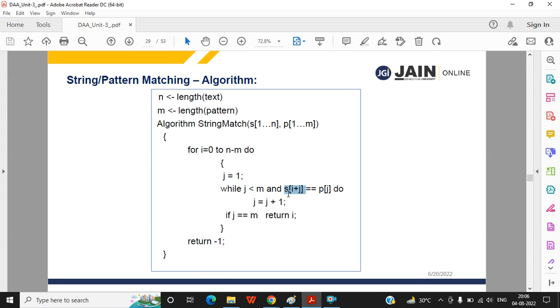If it matches, then move j plus 1, meaning you increment the value of j. The next value of j will be 2. So i plus j means the second element in the source string, in the main string, from where the match takes place.